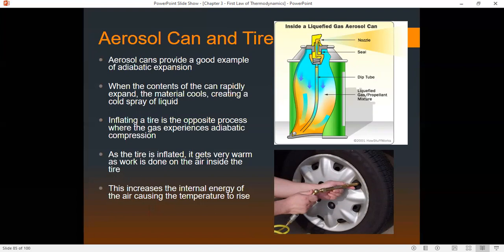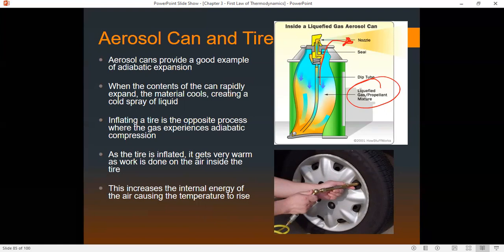And that's because we have a liquefied gas inside here, some sort of liquefied propellant, which undergoes a phase change. We know that liquids are approximately 1,000 times more dense than gases. If we allow this to expand, this adiabatic expansion rapidly cools the gas inside it.